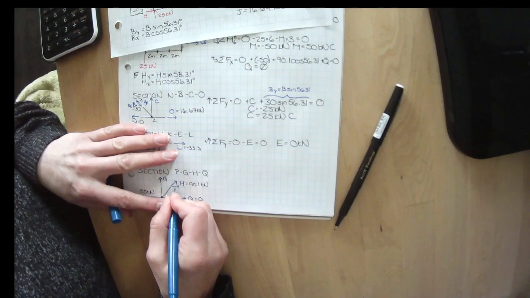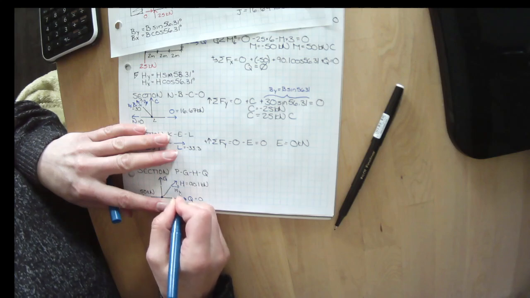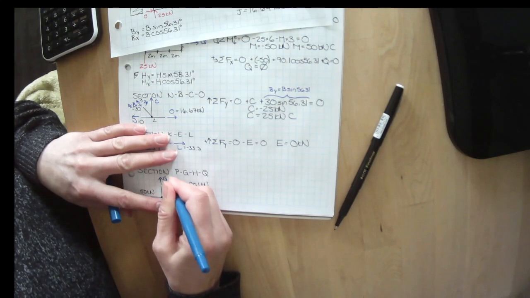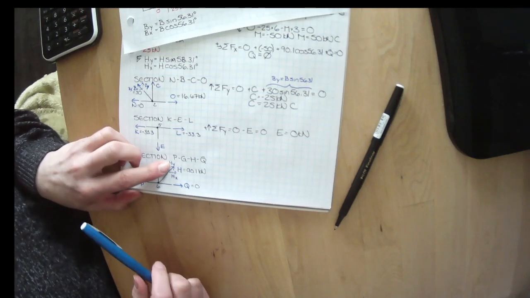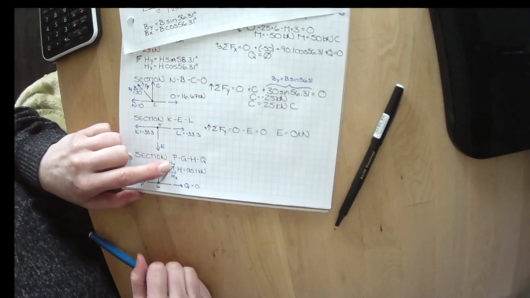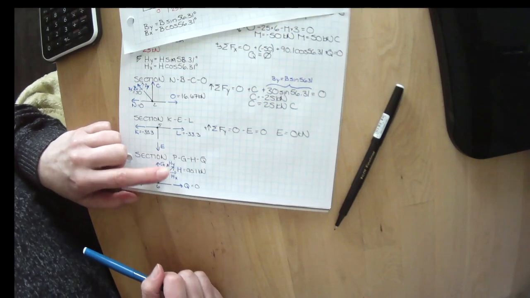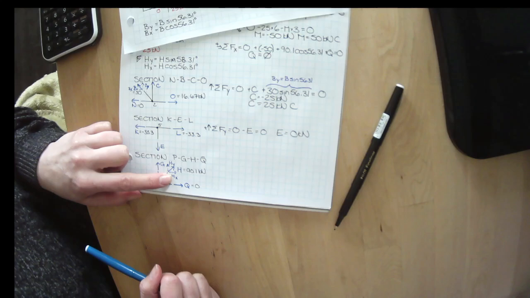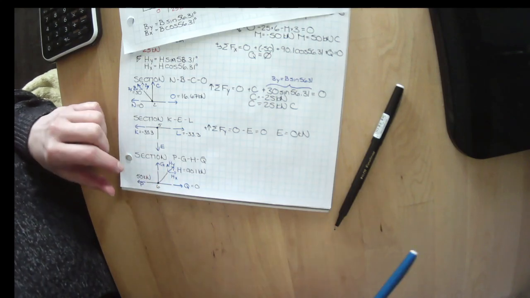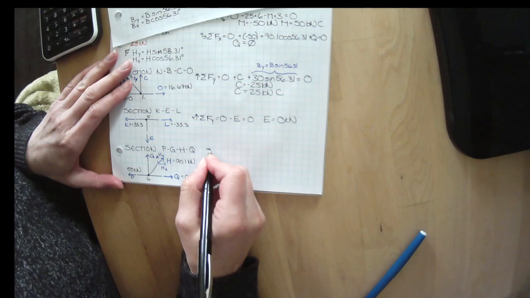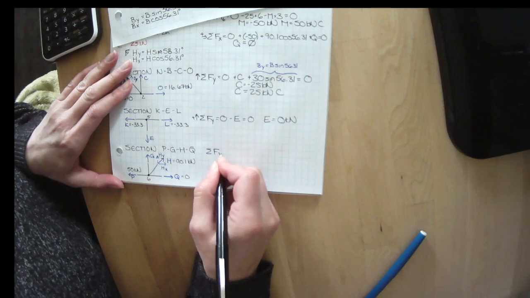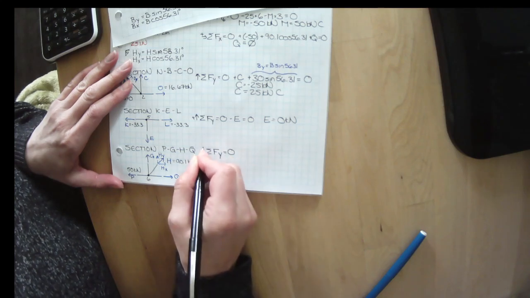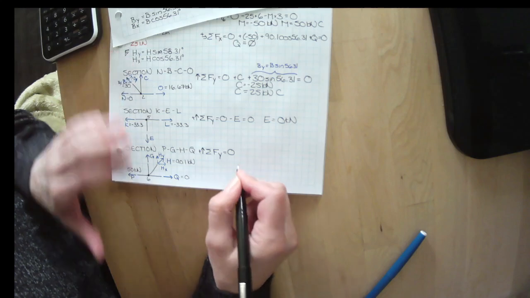H can be broken up into Hx and Hy, and we know that Hy is H times the sine of 56.31, and Hx equals H times the cosine of 56.31. Let's sum our forces in the y direction, where everything upwards is positive.